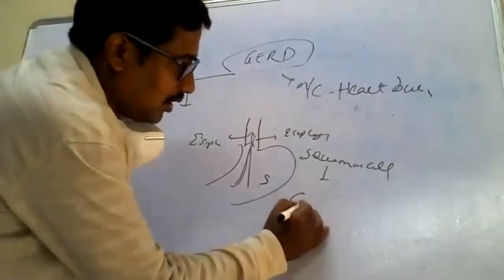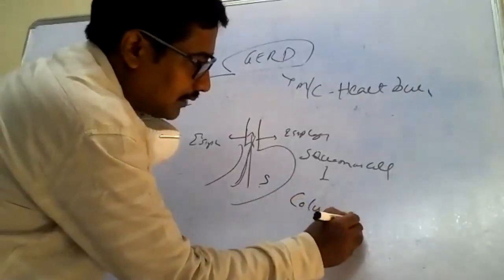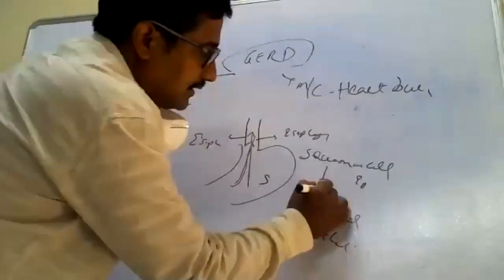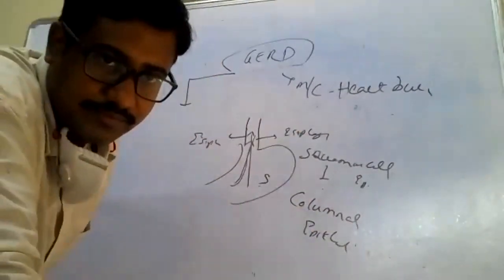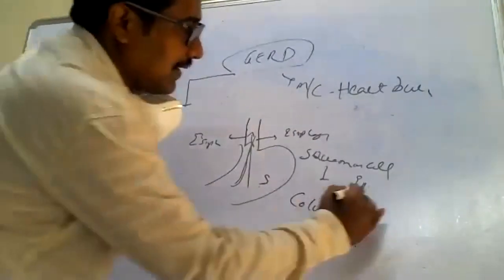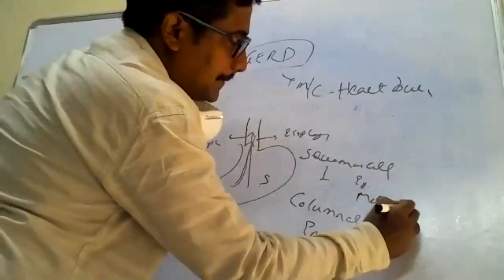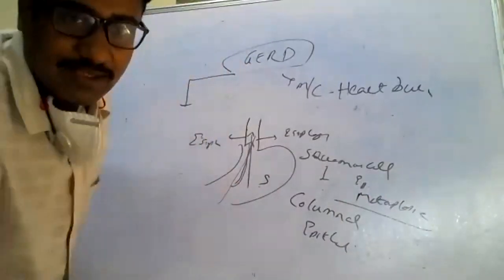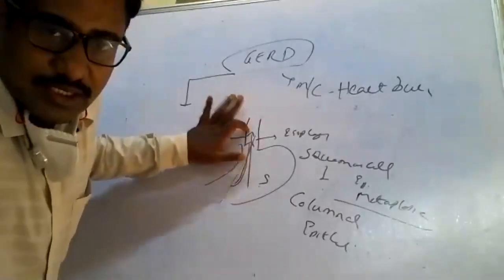It is converted into the columnar epithelium. Squamous epithelium is converted into columnar epithelium. This conversion, in pathology words, is called metaplasia. Excellent.